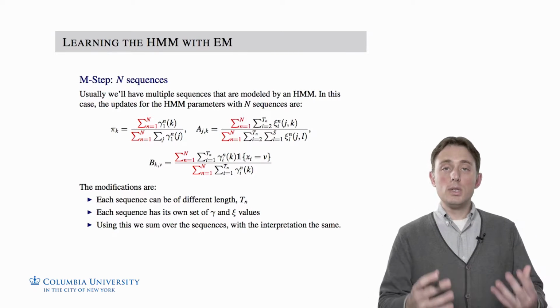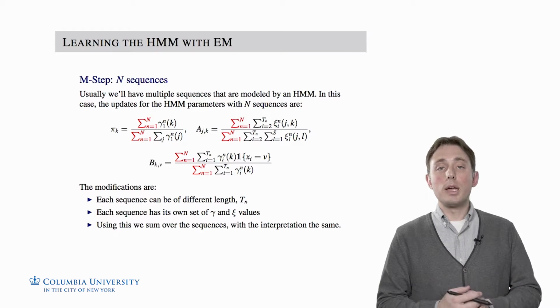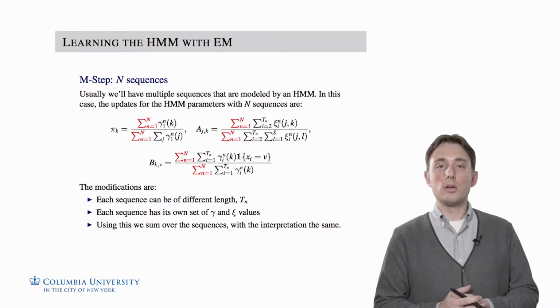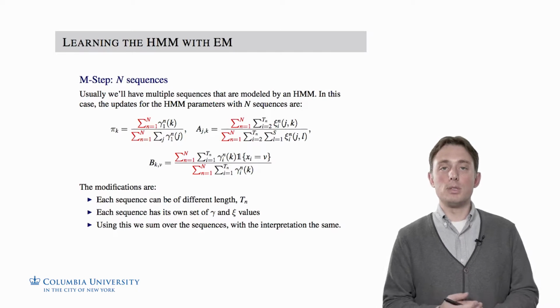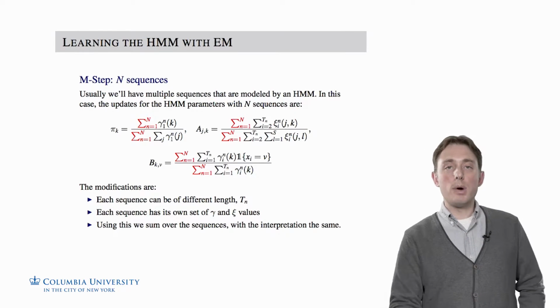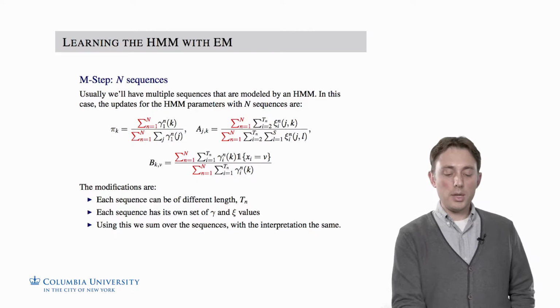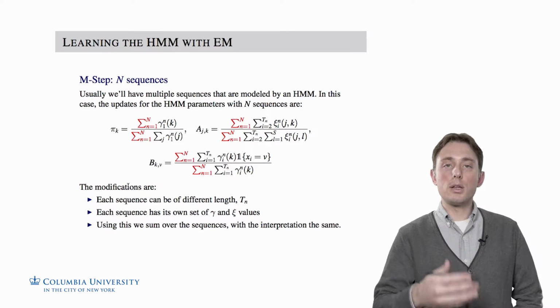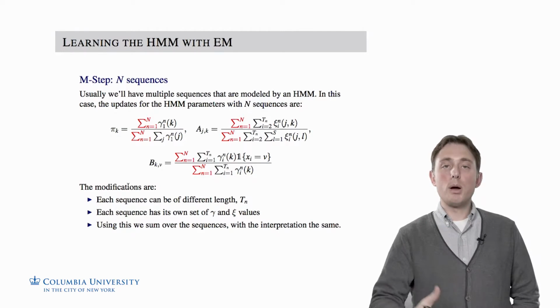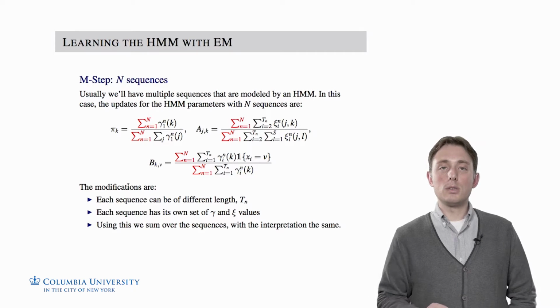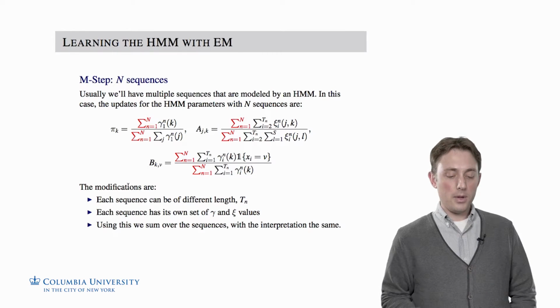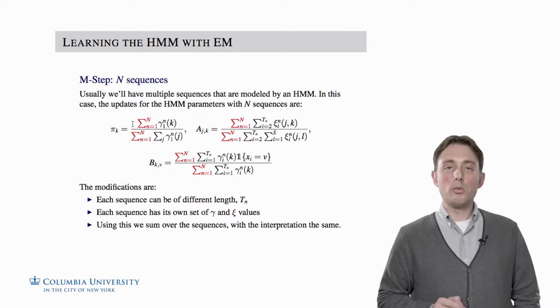Okay, so this is the maximum likelihood solution for an HMM when we have one sequence. How do we modify this if we have many different sequences? It's a simple modification. All we do is calculate these probabilities for each individual sequence, literally performing the same steps for each sequence separately, and then we sum over all of those sequences.